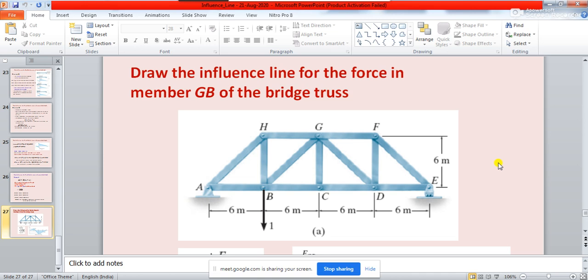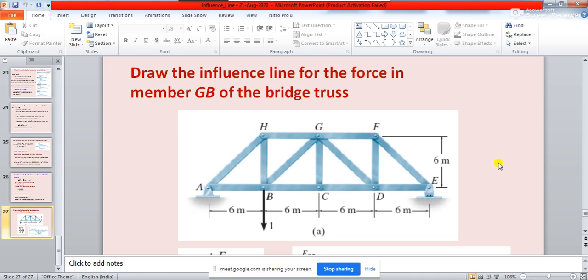In case of a truss, you must understand that when it is loaded, it will be loaded only at the joints. A truss can be loaded only at the joints. That means the action point of the loads will be passing through the joints only.